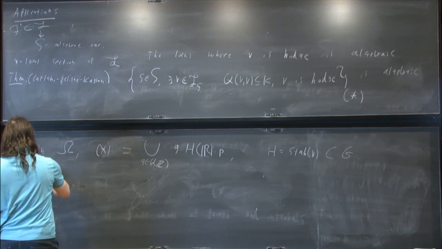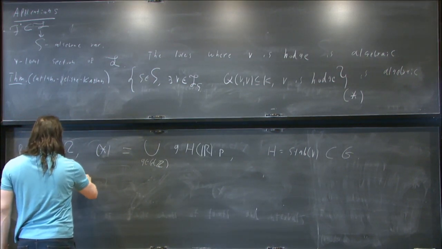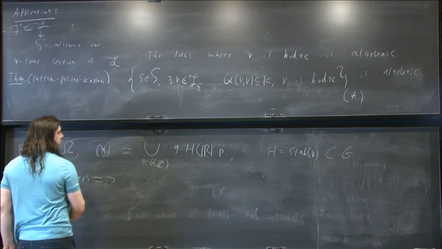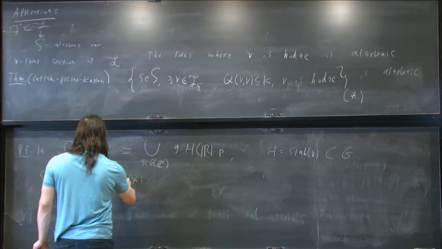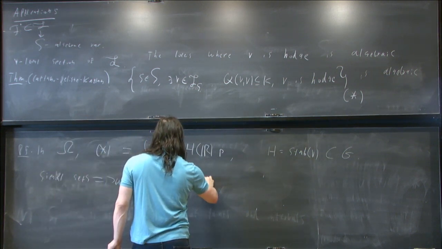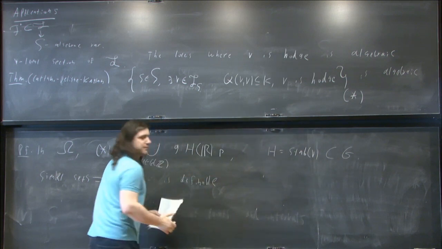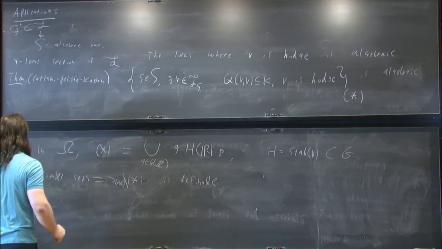Then standard Siegel set theory, due to Borel and Harish-Chandra, implies that this locus, mod GZ, is definable, basically showing the intersection of this with Siegel sets is some reasonable object.